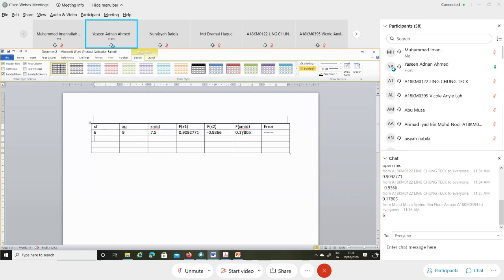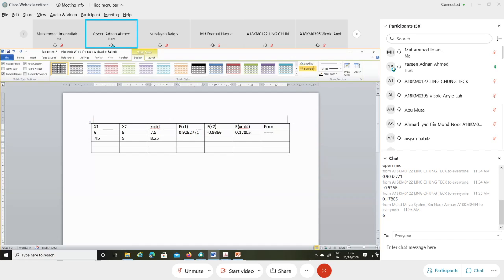So x1 should be replaced by x mid. Sorry if you are confused, I put it as x1 and x2. So x1 should be replaced by x mid, so it should be 7.5, and then 9. Then the average is 8.25, and this one is f of x1.